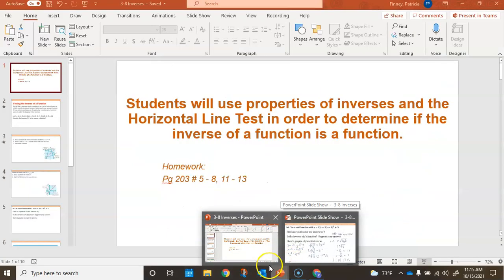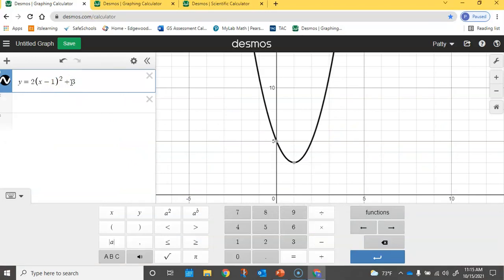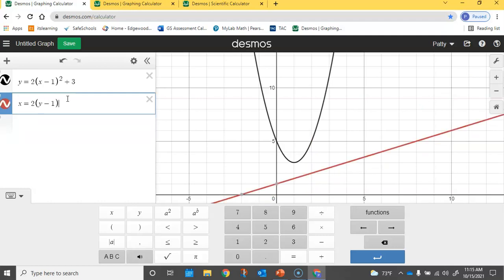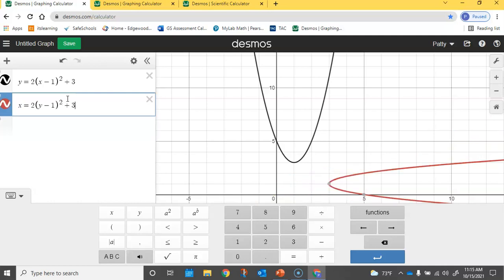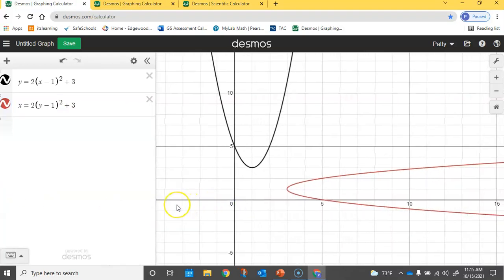Plus 3. Okay. And then if we're just going to graph it, we could just switch it. x equals 2 times (y minus 1) squared plus 3. And there are our two inverses.